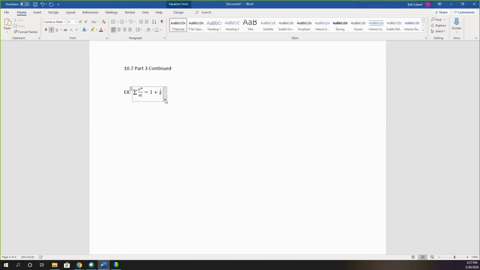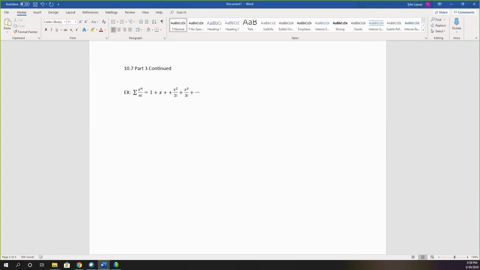To write out a few terms so you can see what it looks like, you have 1 plus x, plus x squared divided by 2 factorial. Remember, 2 factorial is just 2 times 1, so it would just be a 2, plus x cubed over 3 factorial. 3 factorial would be 3 times 2 times 1, so that'd be 6 down there, and then we just keep going forever and ever.